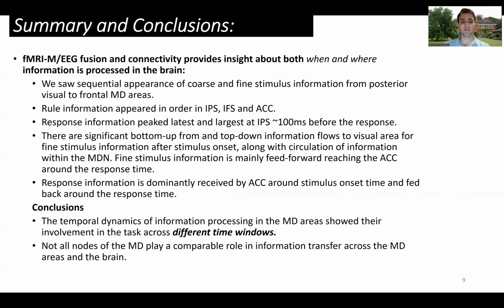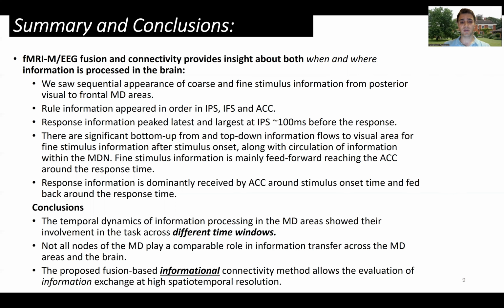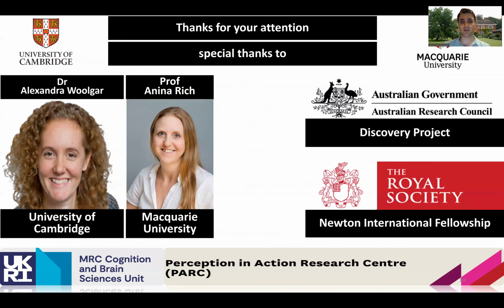And you could see that not all the nodes play an equal part in transferring information across the multiple domain network and across the brain. So we can use the novel informational connectivity analysis, which is based on fusion, to obtain more information about how different nodes of the brain connect to one another and transfer information.